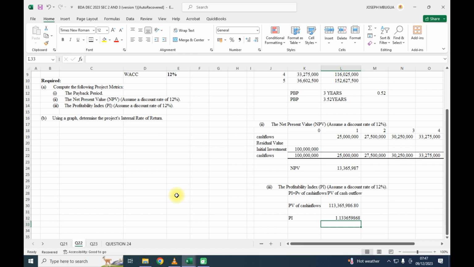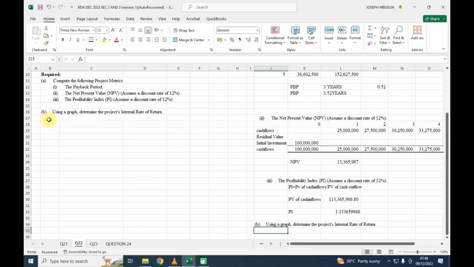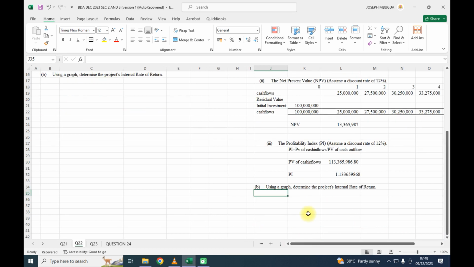Then number 3 of our question, using a graph, determine the project internal rate of return, the IRR. Here we need to use a graph to determine the project IRR.